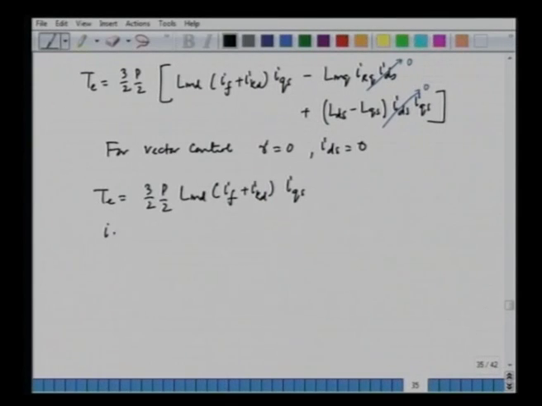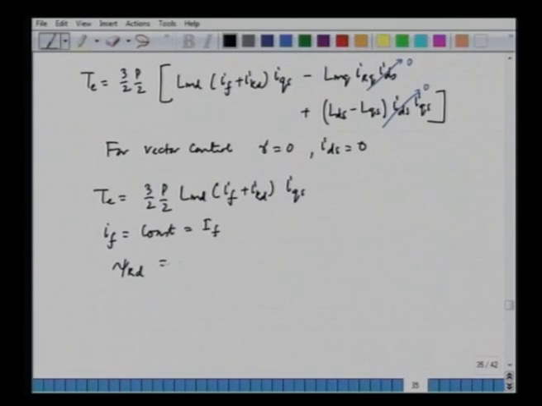Now what is the value of IKD? To be able to find out the value of IKD, we have to write down the equation for the d axis damper circuit. We keep IF constant. IF is not changing, that is equal to capital IF. And what about psi KD?